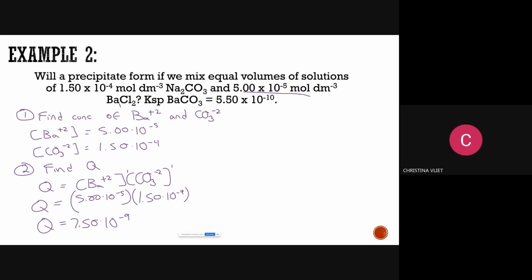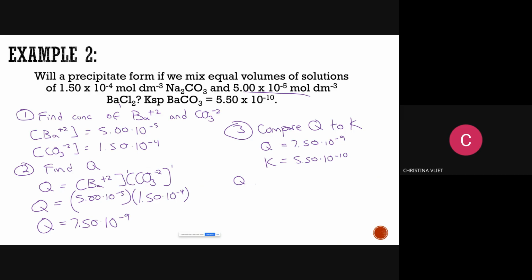So the $1 million question: will there be a precipitate? How do we figure this out? Compare Q to K, like what we have mixed together, compared to what the equilibrium is. Q is 7.5 times 10 to the negative 9, and K is 5.5 times 10 to the negative 10. Have we exceeded the solubility, yes or no?